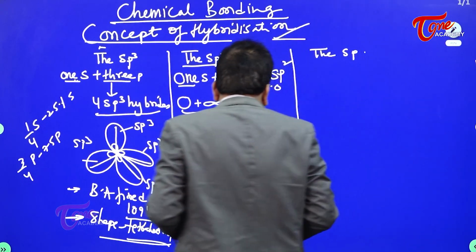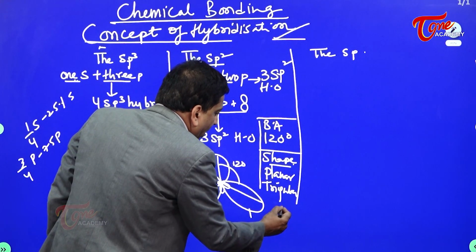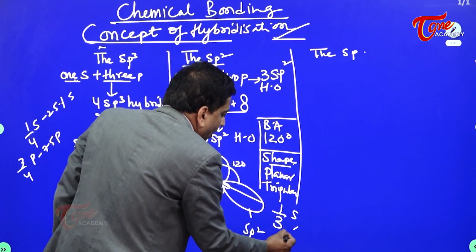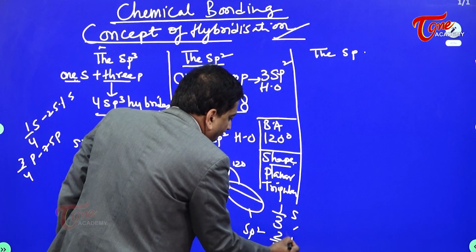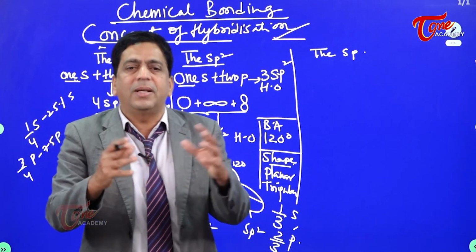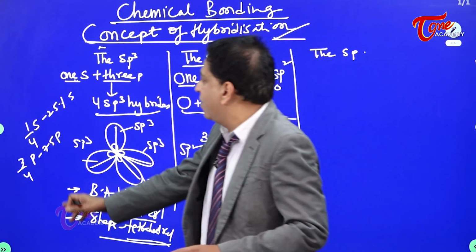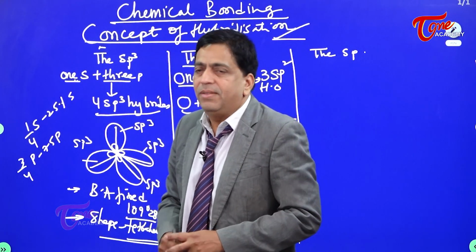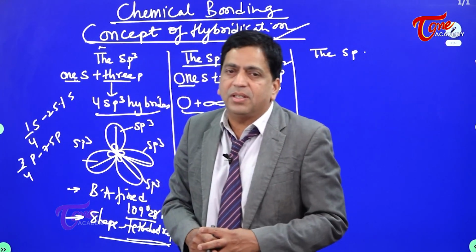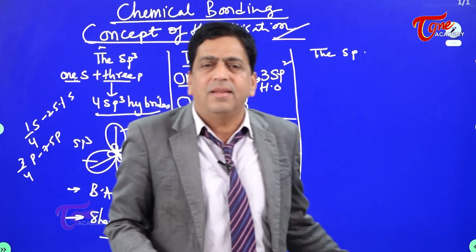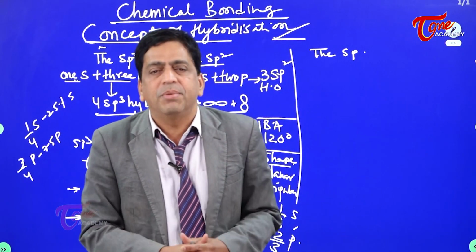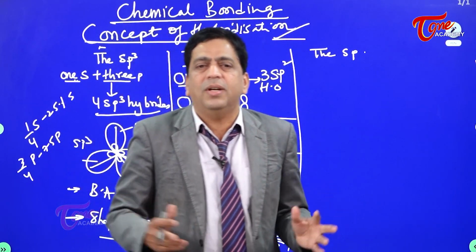And in 3 sp2's, you will have 1/3 S character and 2/3 P character. So S character is 33% in sp2. Here it is 25%. There the P character is 75%. Here it is less than that, that is 67% P character. You must understand that.